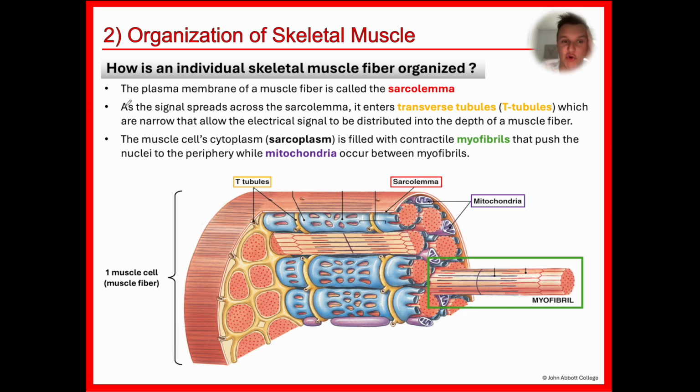Biology needs to be annoying. For muscles, the plasma membrane of a muscle fiber is actually called the sarcolemma. We're going to see that the word sarco is very important for muscles. We'll see it again. And sarcolemma, a lemma is like the lining around. So it's the muscle's lining. This is the plasma membrane. So this is the sarcolemma.